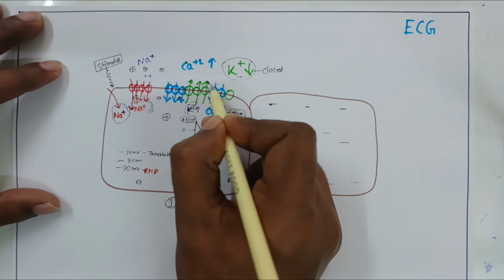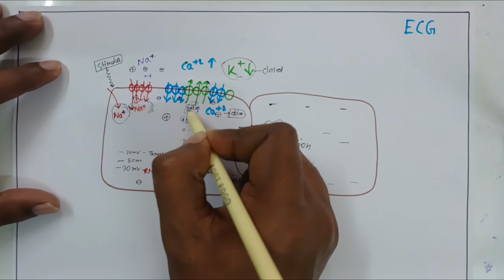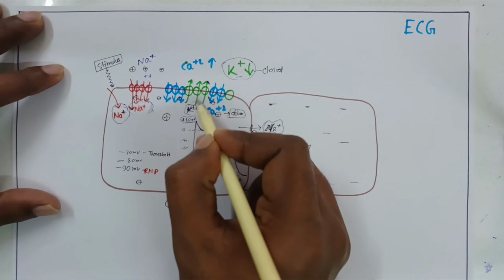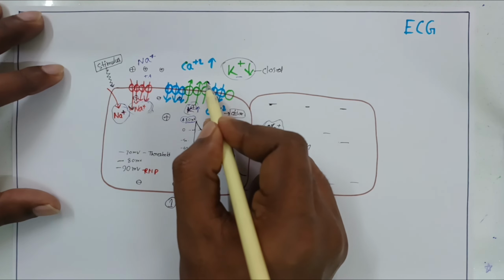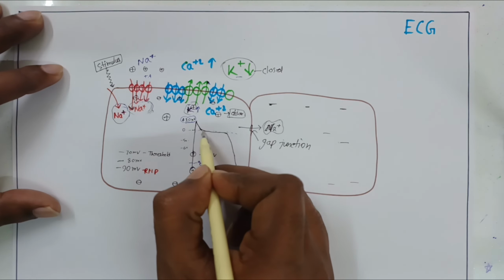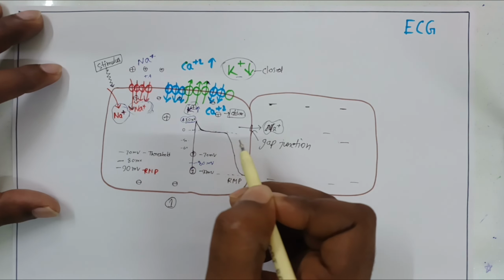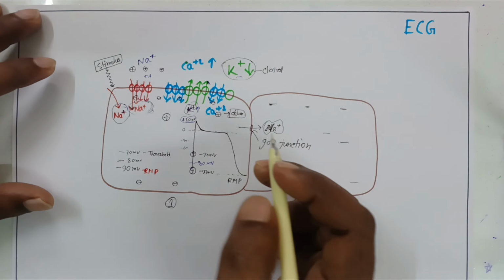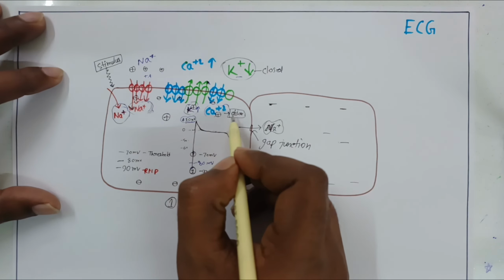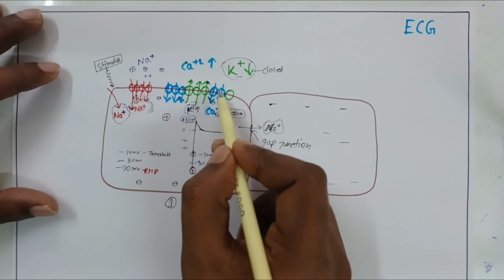But at this time potassium channels are not closed. So potassium ions go out and calcium ions get in. Due to this, the membrane potential balances at 0. After a while, the calcium channel closes, but the potassium channels are still open.